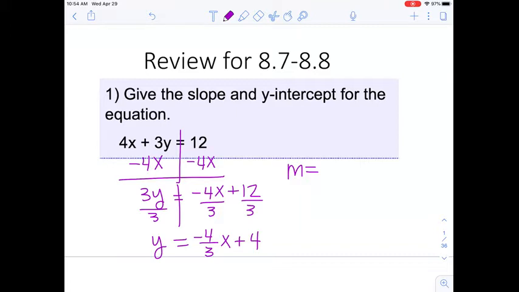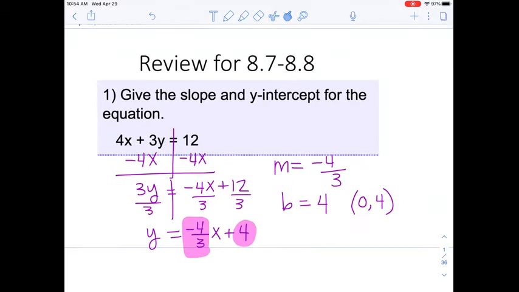Now that I have it in slope-intercept form, my slope, represented by m, is that number before the variable, before x. So my slope is negative 4 over 3, and then my y-intercept is that plus b. So you could either write b equals or y equals 4. And since it's a y-intercept, we can write it as 0, 4.